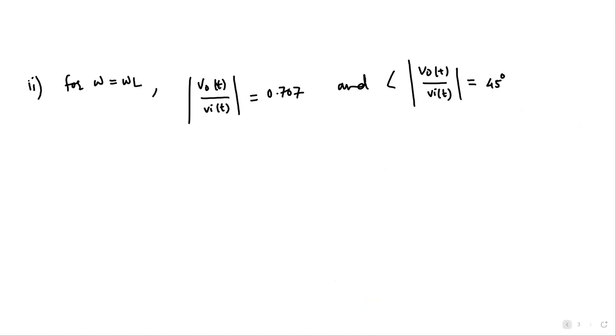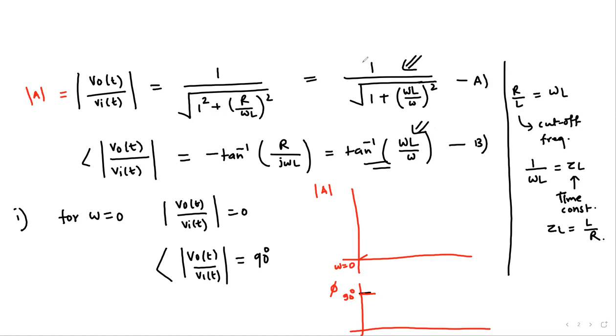All right, so we come back to this plot and we see that somewhere here, omega is equal to omega L. Similarly for the phase, and this is for the gain. So your gain increases and it takes the value of about 0.707, all right?